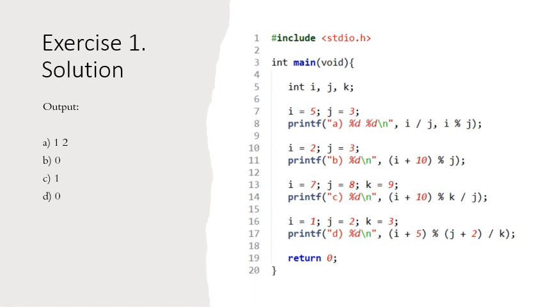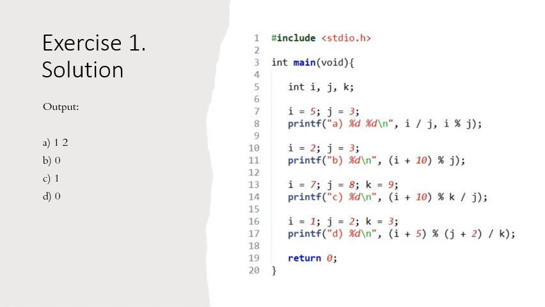Now for line 10, assuming we have a value of I which is equal to 2 and your j which is equal to 3, we want to print the value of I plus 10 in parentheses, then percent j.